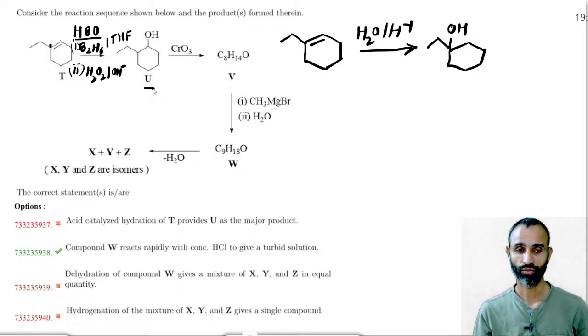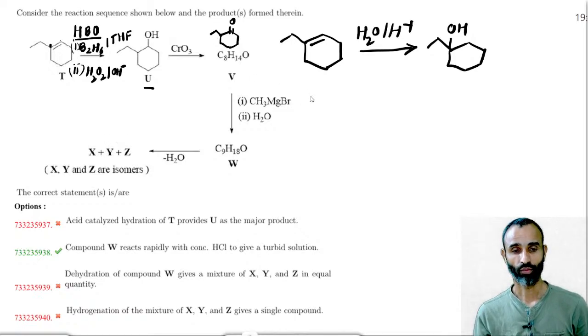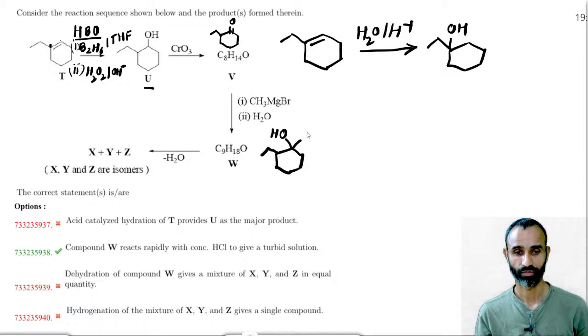Yes. So we get U, then CrO3. This is the product formed. Now with CH3MgBr and H2O, it will turn into an alcohol, again with an extra CH3. This is the product formed.